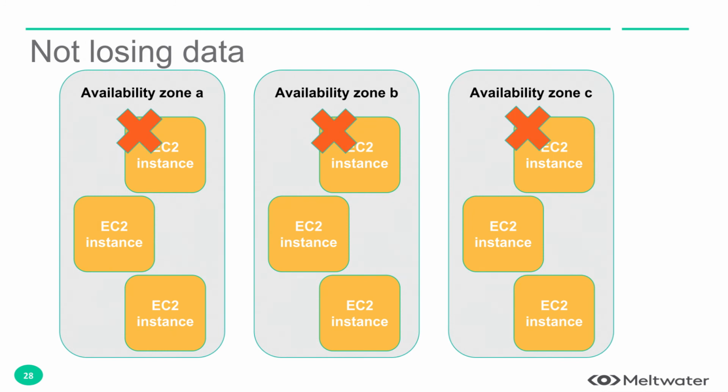Another challenge is to not lose data. And I think this is the scariest one, because I know how long it takes to reload the data into the cluster. And that would mean we are down for weeks if we lose all our cluster and we have to do a full cluster restore from snapshots. And it's a huge risk of getting inconsistent data.